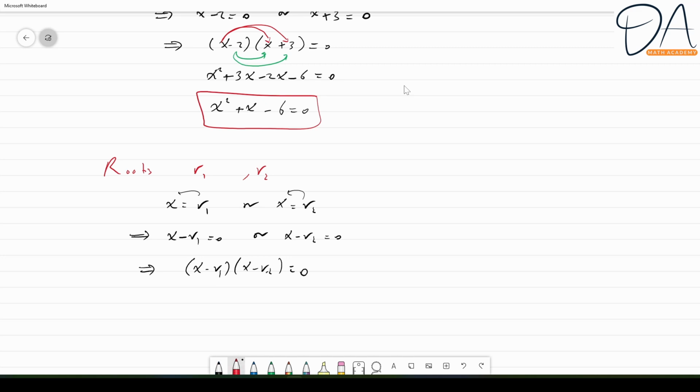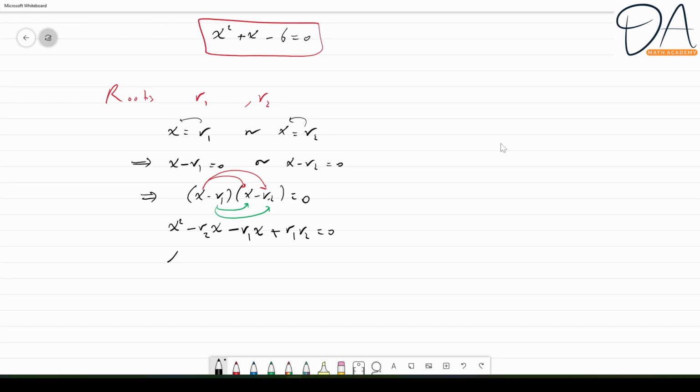We'll do the same thing now, we'll expand. So I'm going to multiply the x with x and with R2. So we'll get x squared, x times R2, that will give us R2x. Then let's multiply minus R1 with x and with R2. So minus R1 times x gives us minus R1x. And then minus R1 times minus R2, minus times minus gives you plus, and then you will have R1 times R2 equal to 0.